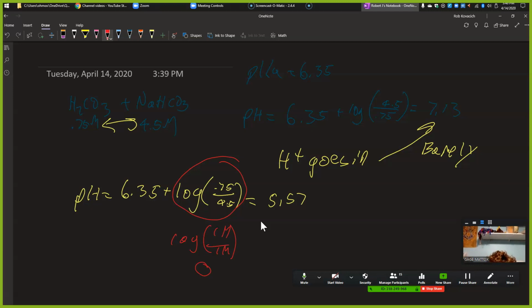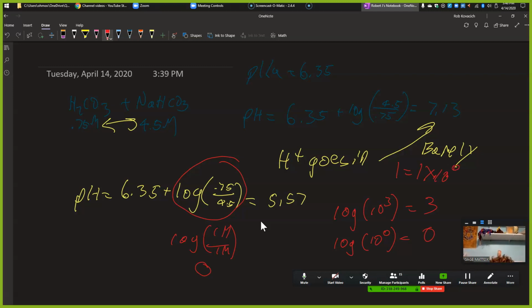Are we okay with that math? Yeah. Okay, so if I'm going to take the log of 10 to the third, what's my answer? 3. What if I'm taking the log of 10 to the 0? 0. So 1 is equal to 1 times 10 to the 0.